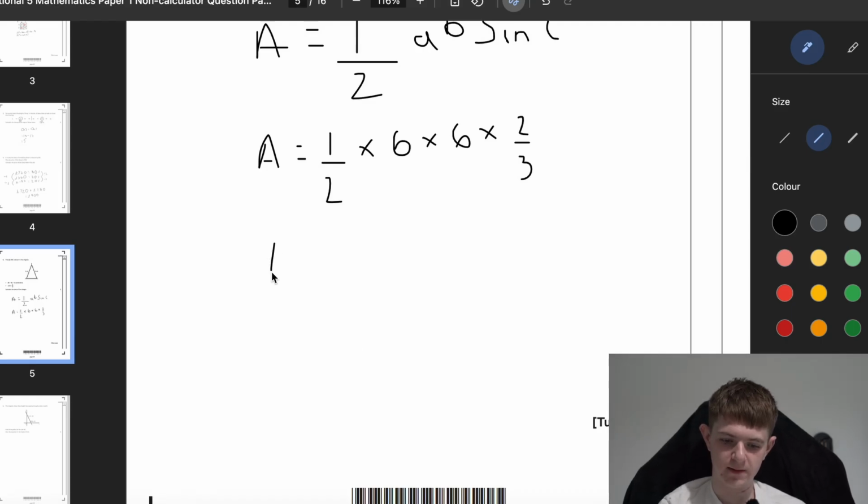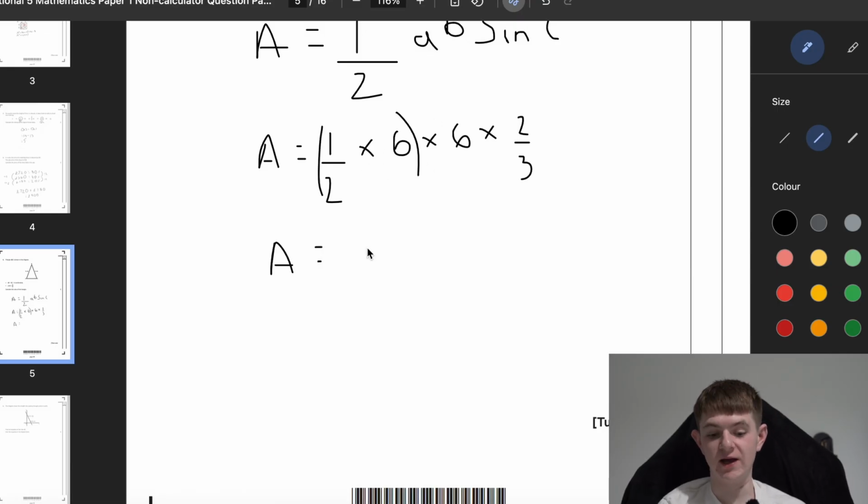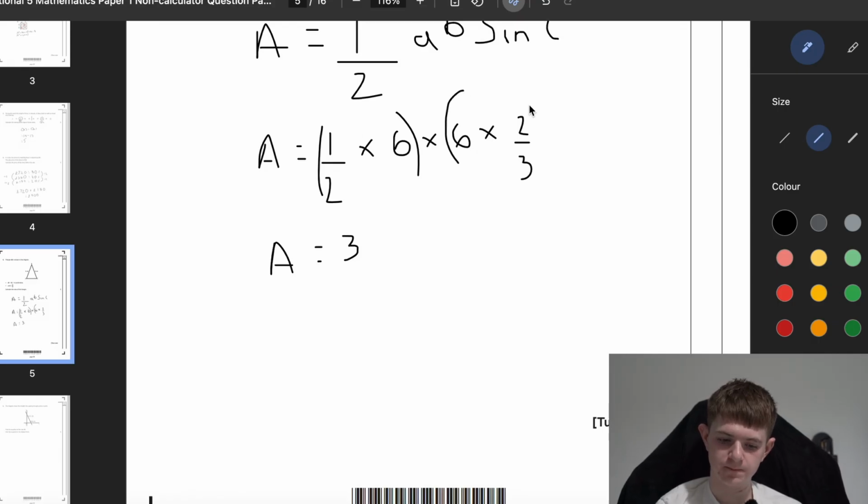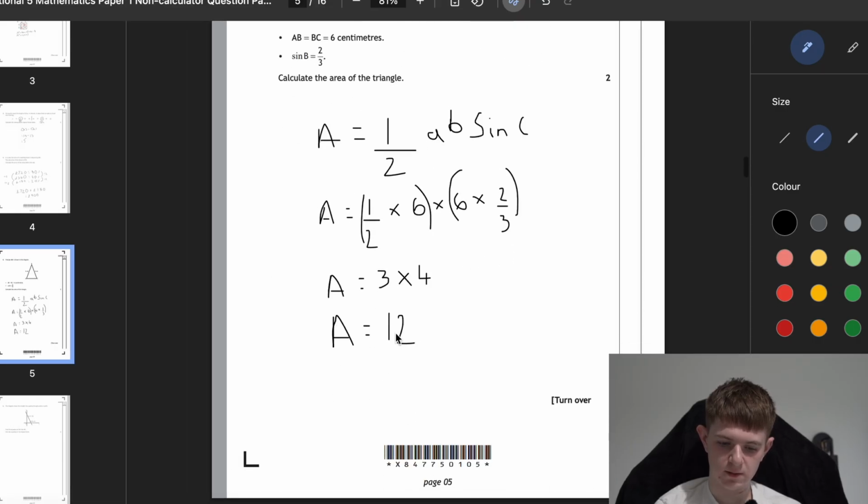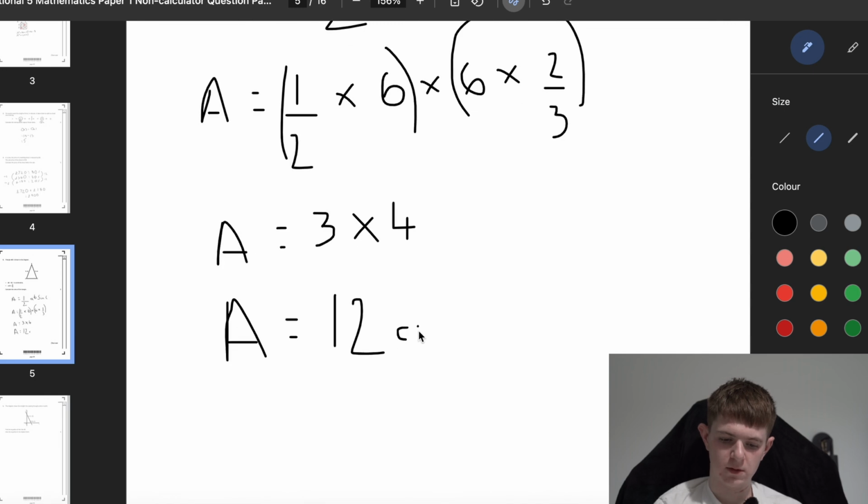So half of 6 is just 3, where 2/3 of 6 is 4. So you've got 3 times 4. And the area of that is 12, and we remember our units, centimetres squared. Bosh! Flying through it, mate.